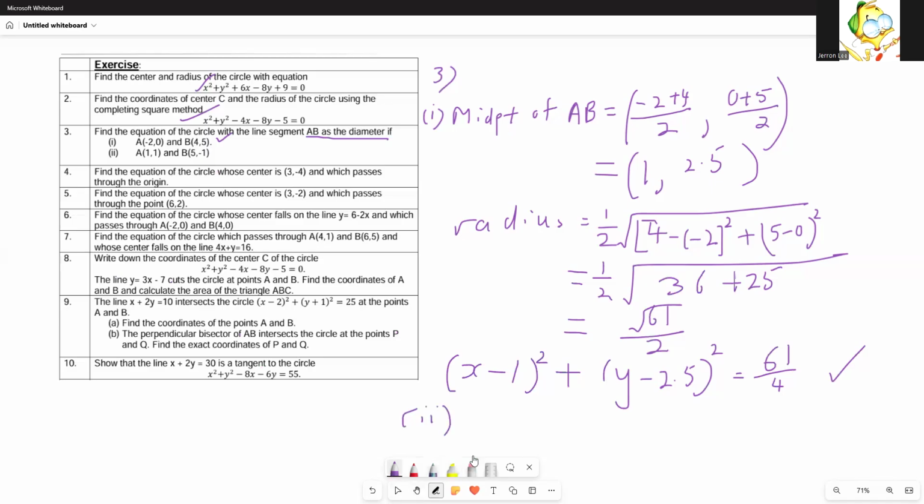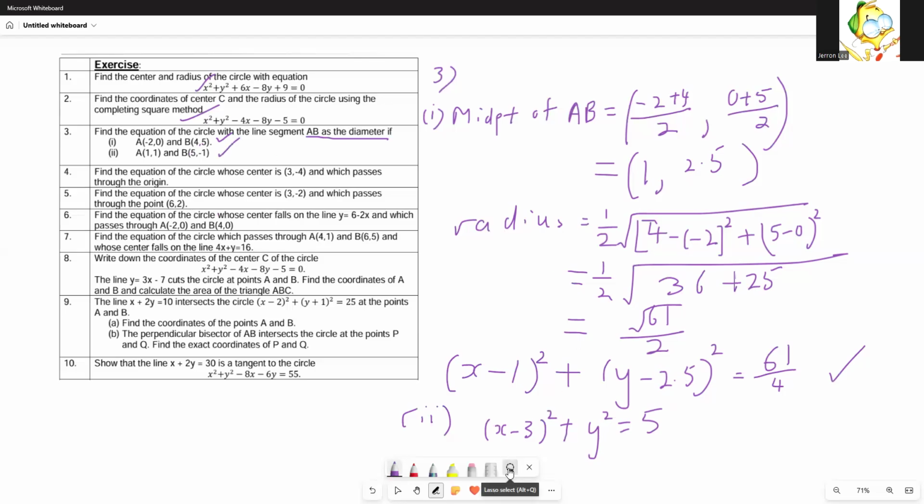If I'm wrong or if you're not correct, let's just discuss this when we are free. This is going to be x minus 3 to the power of 2 plus y squared equals to 5. Okay, do check your answers and see whether you have got it correct. Okay, so this is actually the answer for question number 3, part 2.